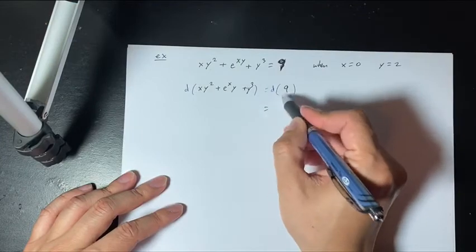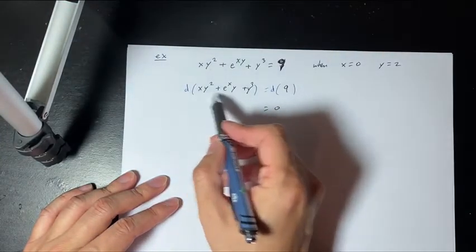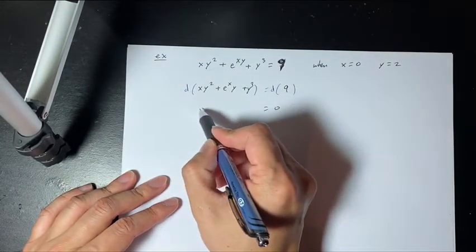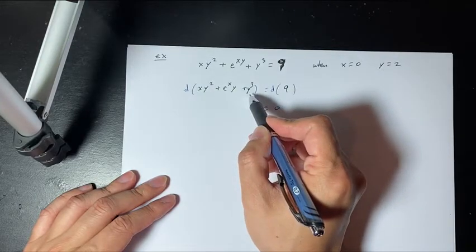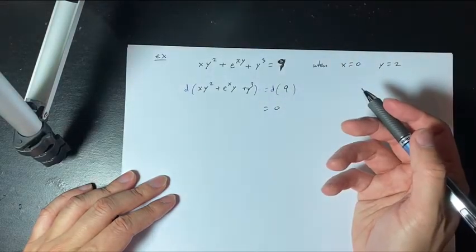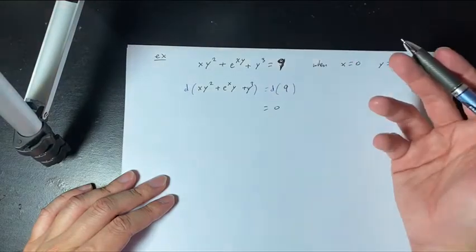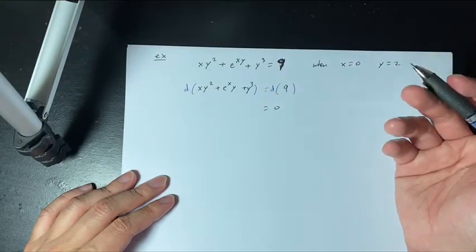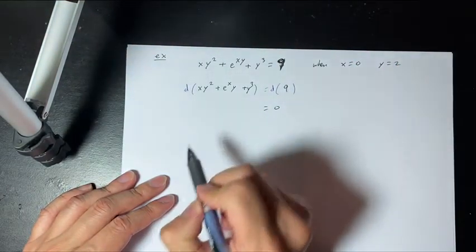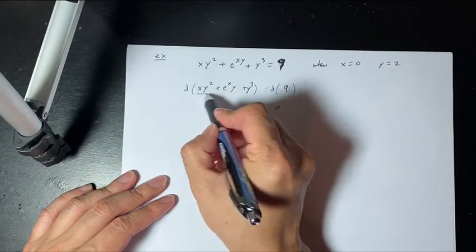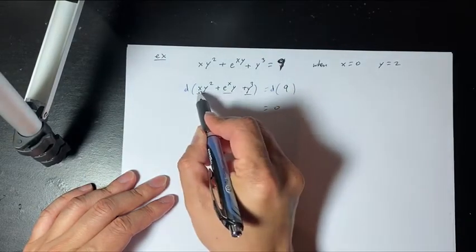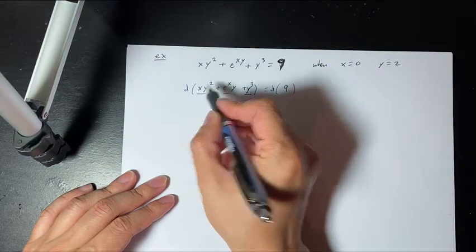So if I differentiate the right side, it's a 0. If I differentiate the left side, you have to differentiate this with respect to x and then with respect to y. So let me do it term by term. If I differentiate this first one, it'll be a product rule.